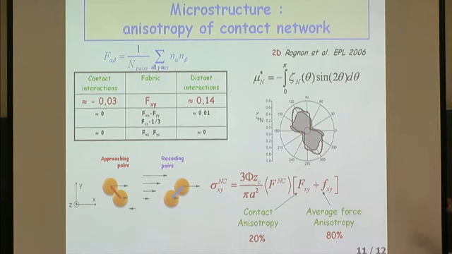The difference with the previous formula is that here you can look separately at the two contributions, and this shows that the dominant part is the anisotropy of the average force.